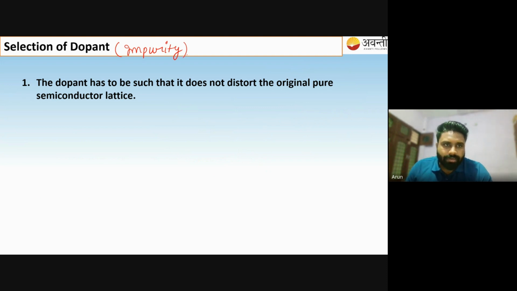So the first condition for the dopant I have already discussed. The dopant has to be such that it does not distort the original pure semiconductor lattice. Okay, got it? So we cannot use a much bigger atom for that, or a much smaller atom also.